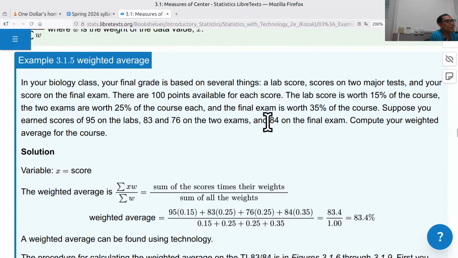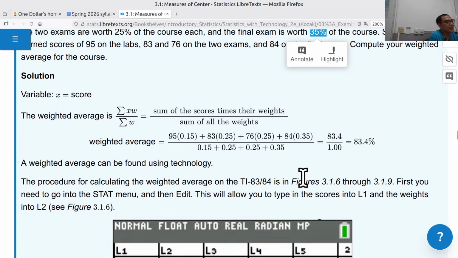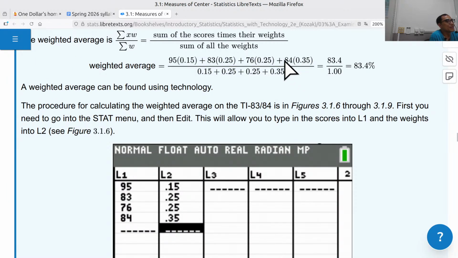Then the final exam, the gentleman got 84 points, and the proportion is 35%, thus 84 multiplied by 0.35.